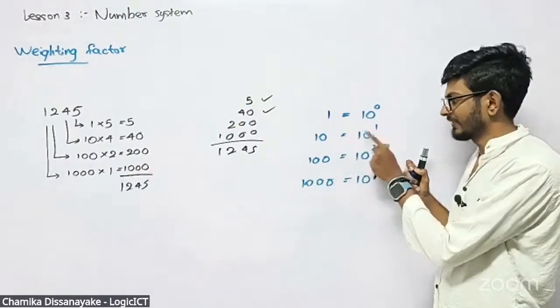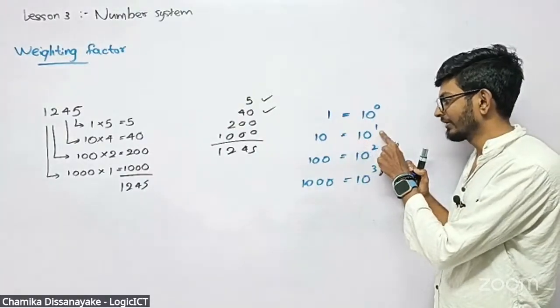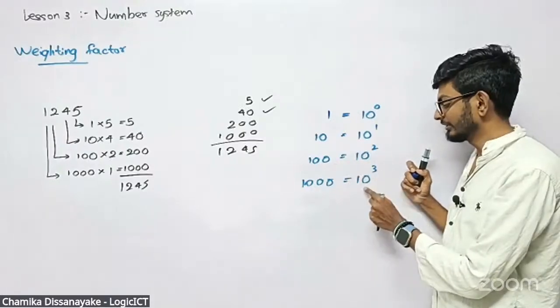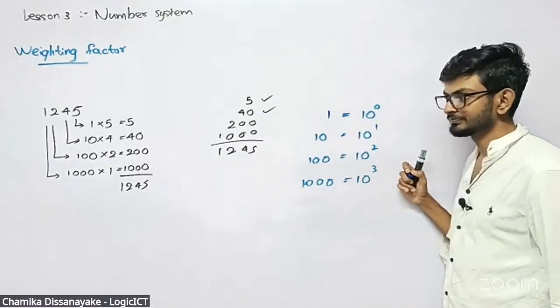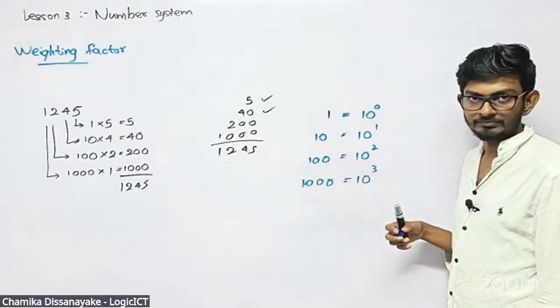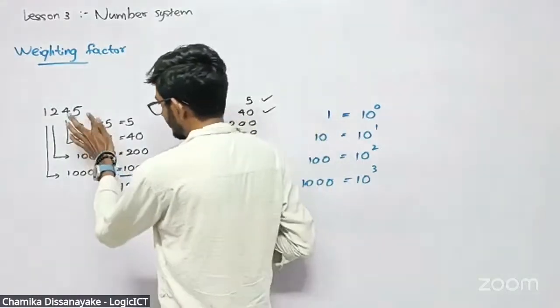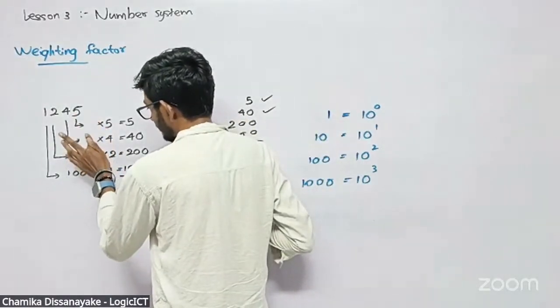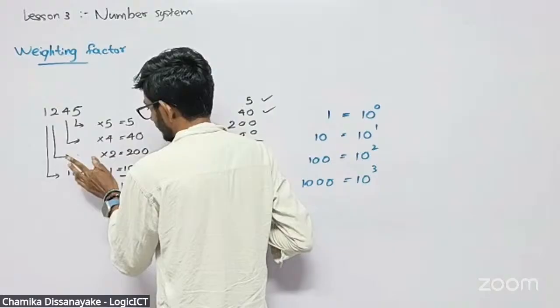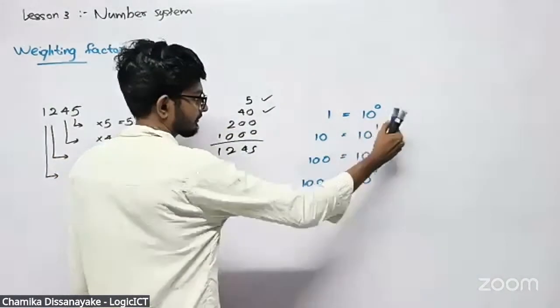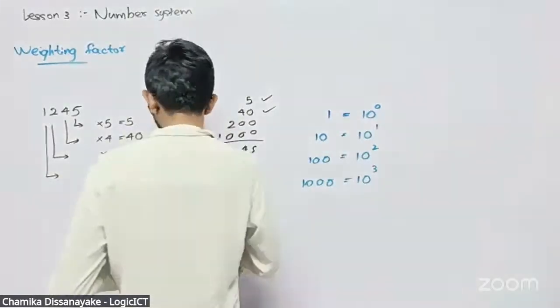This is a theory. And here you know 10 to the power 1 is 10, 10 to the power 2 is 100, 10 to the power 3 is 1000. So what I'm going to do is remove these things and write these things.